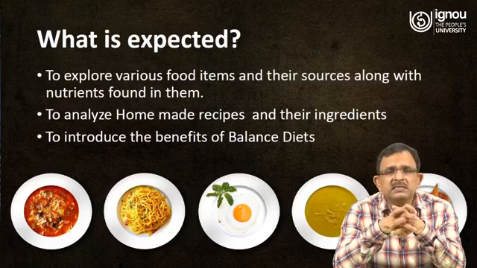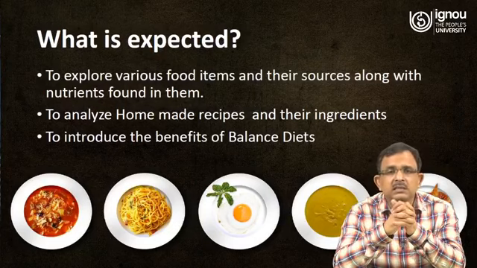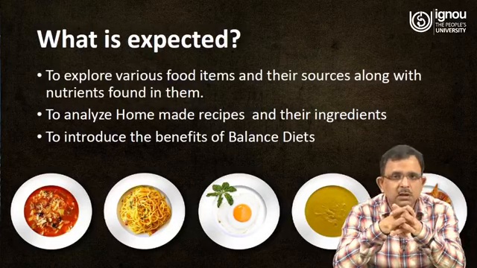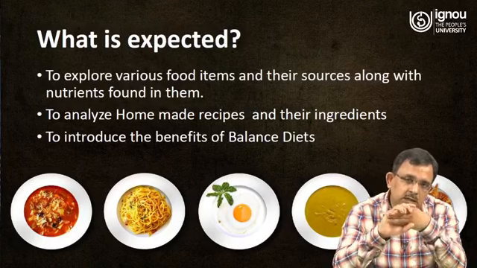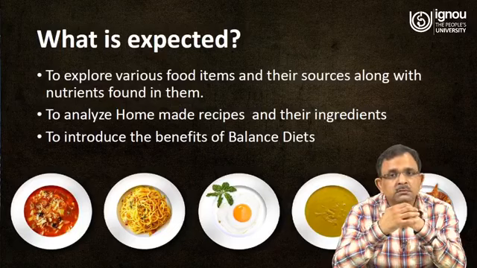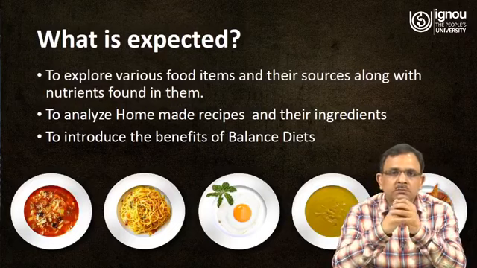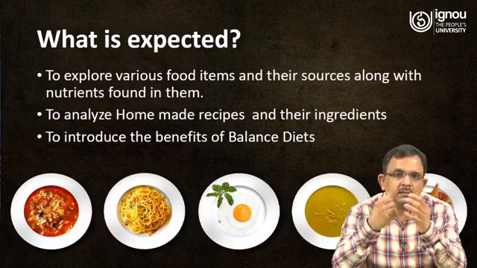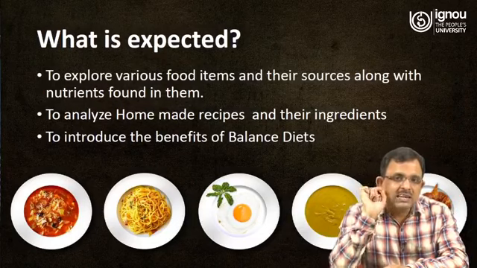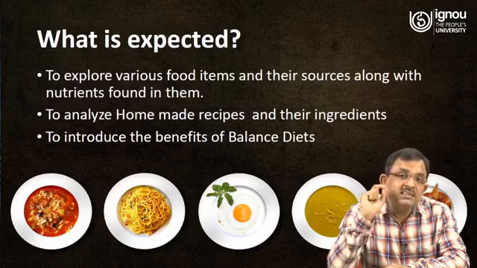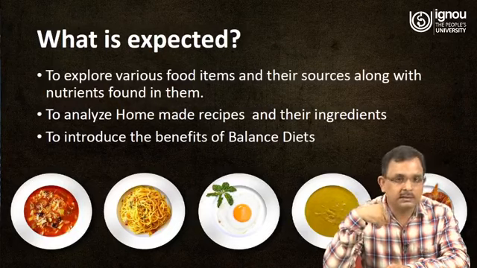Let them analyze their morning food, their lunch, their dinner: what they are eating in breakfast, in lunch, in dinner, what the different food items are, and what kind of nutrient is available in every food item.